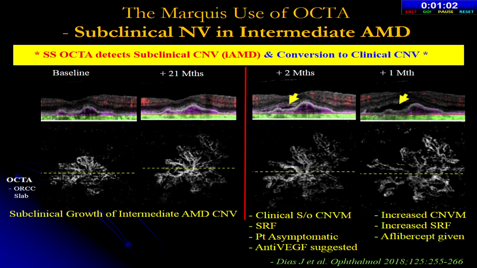That's the issue here. Suddenly, out of the blue, some fluid starts appearing, the patient is still asymptomatic, anti-VEGF was suggested, did not go ahead. And then a month later, you see it suddenly explodes, and the patient becomes symptomatic and was given anti-VEGF as treatment.